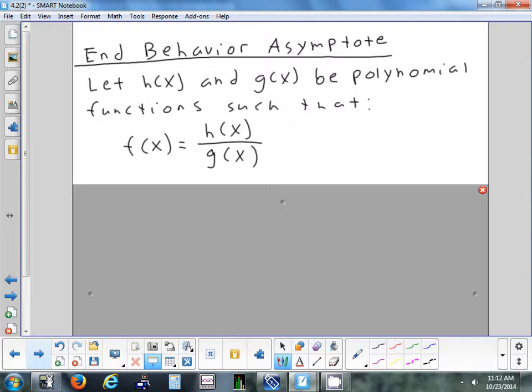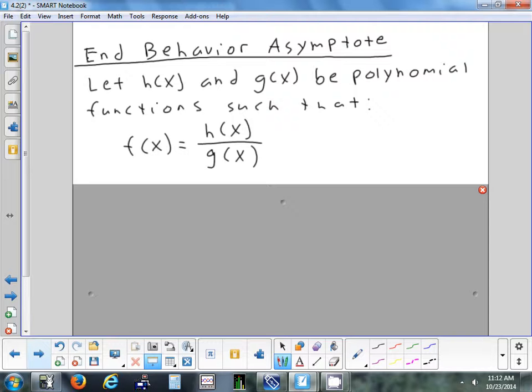When the degree in the top is larger, we get this new thing called an end behavior asymptote. So suppose we had a function f of x. That's our rational function.